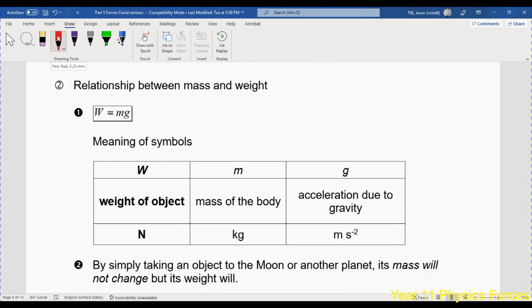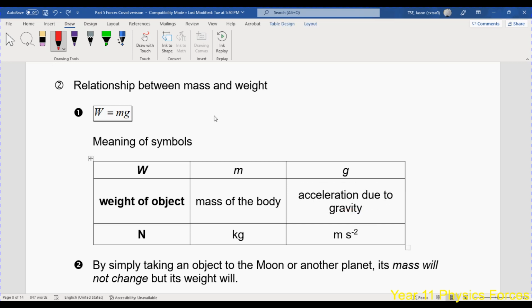Okay, and then we are going to talk about a very important equation about weight. How can we find the weight? Weight equals mass times g. We all know g means what? g means acceleration due to gravity.